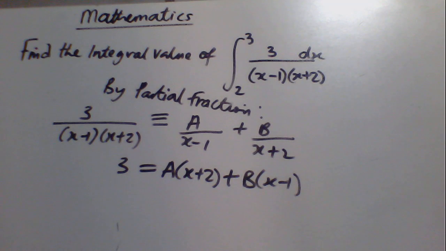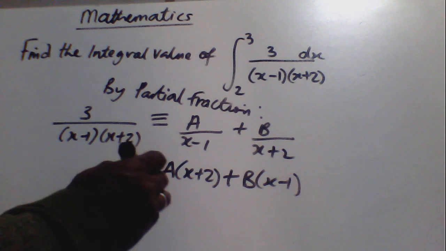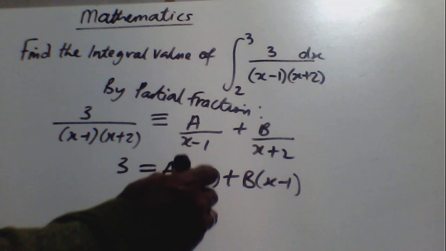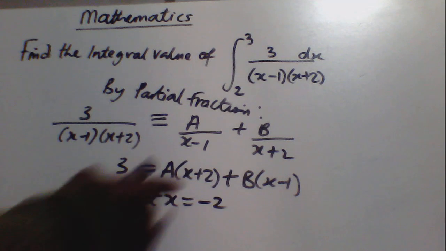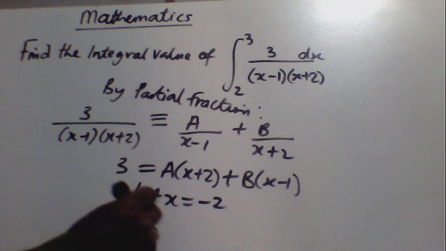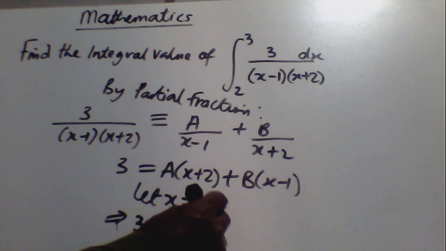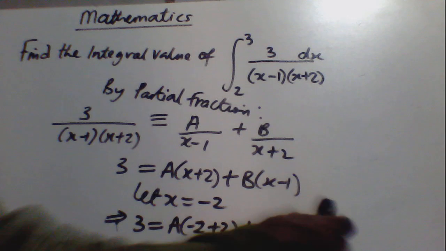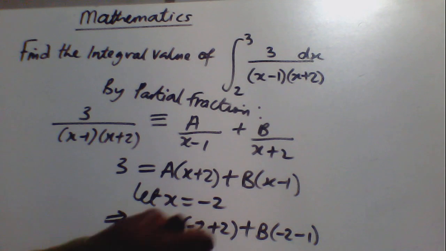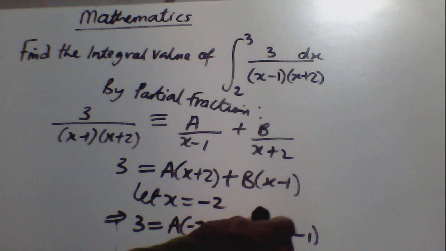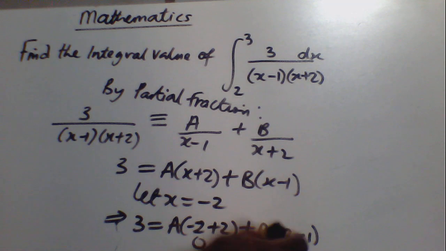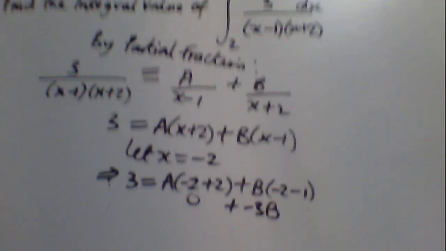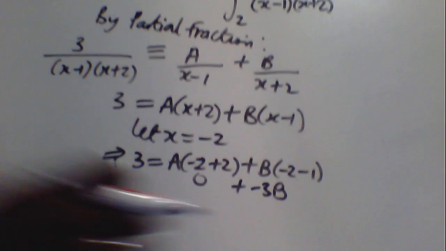We do that by substituting a value of x that makes one of the variables equal to 0, so that we solve for the other variable. In this case, let x equal minus 2. When x is equal to minus 2, this implies 3 is equal to A(minus 2 plus 2) plus B(minus 2 minus 1). Notice this term is equal to 0, and here we have minus 3B.